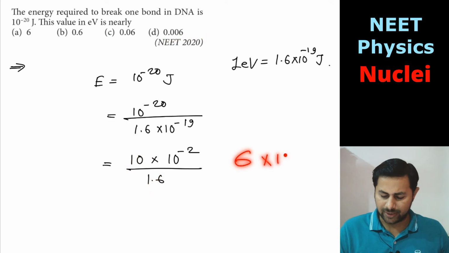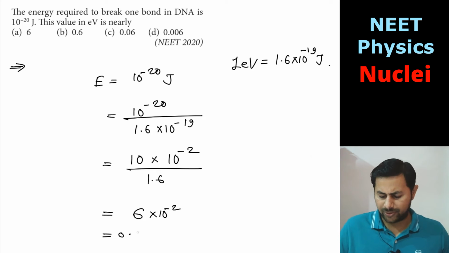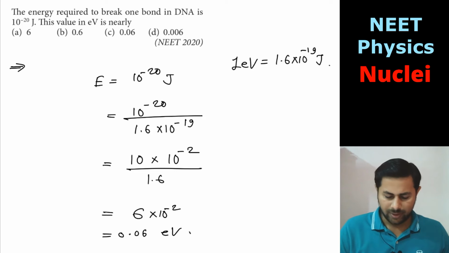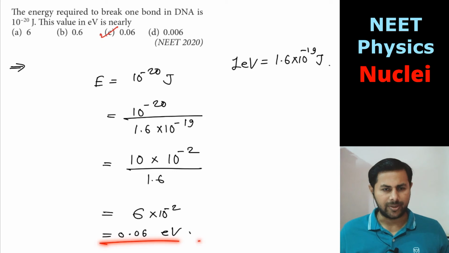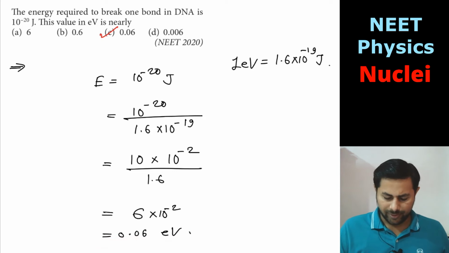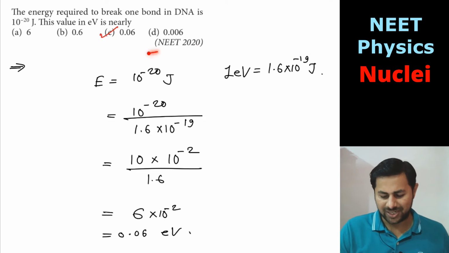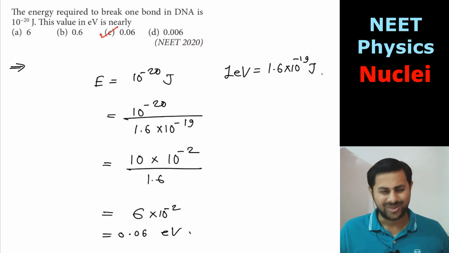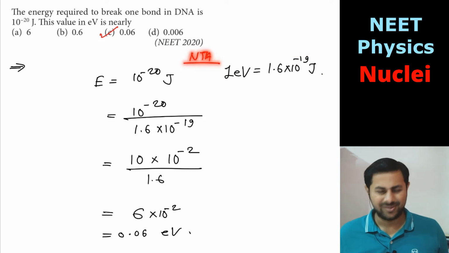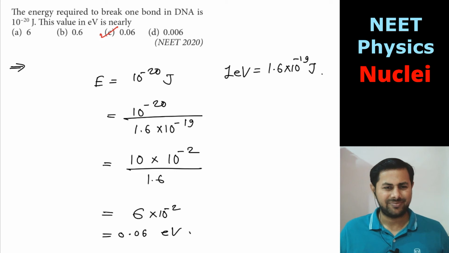So 6 into 10 raised to minus 2, or 0.06. There is nothing in this question, very simple. But they will not ask this kind of question every time. It was asked in NEET 2020, that means by NTA only. Anyways, this is clear.